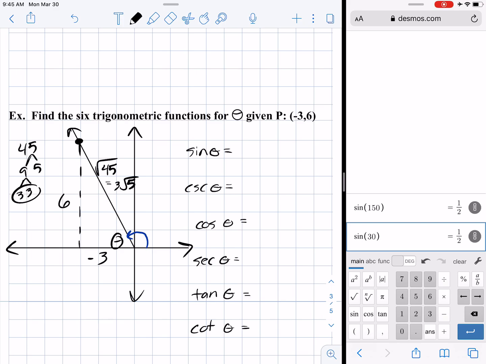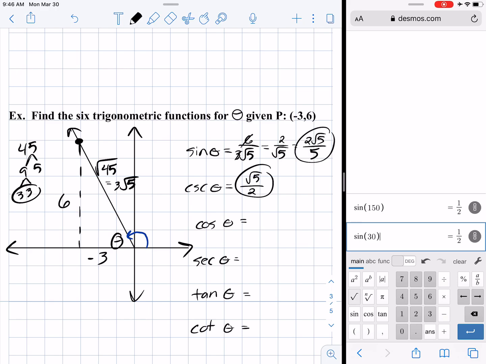So for sine of theta, that would have been 6 over 3 root 5. Just be careful when you're simplifying here. 3 goes into 6 twice, so you get 2 over root 5, which simplifies even further to 2 root 5 over 5. Cosecant of theta is just the reciprocal, root 5 over 2.